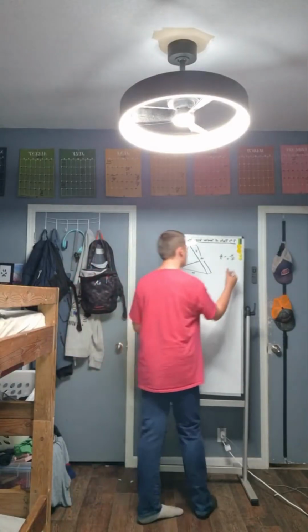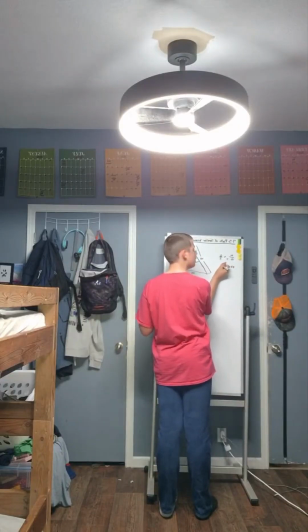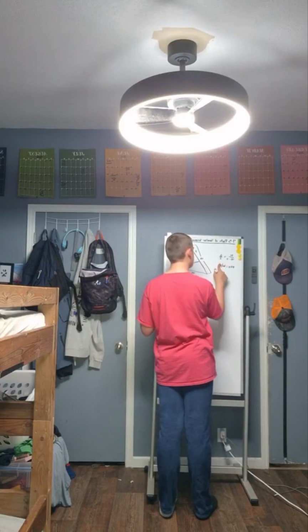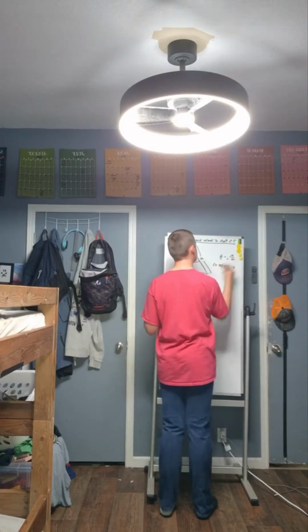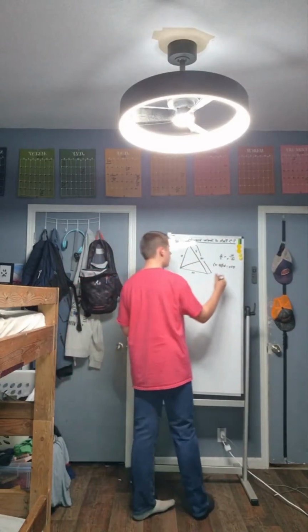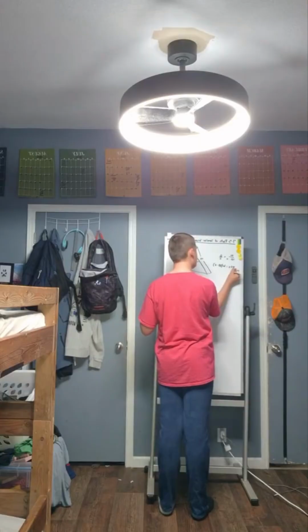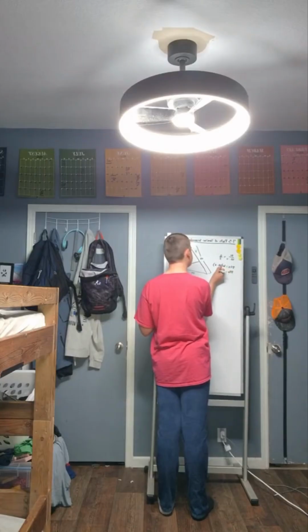Okay. So now we're down to 14x is equal to 6 times 18 minus x. And then we actually have 14x equals 108 minus 6x.